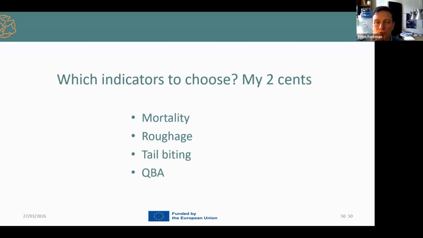Then for my part, I think I would use mortality, despite it being difficult to interpret. Roughage, access to roughage, because it's such an important part for gestating sows. Tail biting, because it's affected by so many different things, it's actually quite a good indicator of animal welfare. And finally, the QBA system. These are 4 indicators I would be choosing.